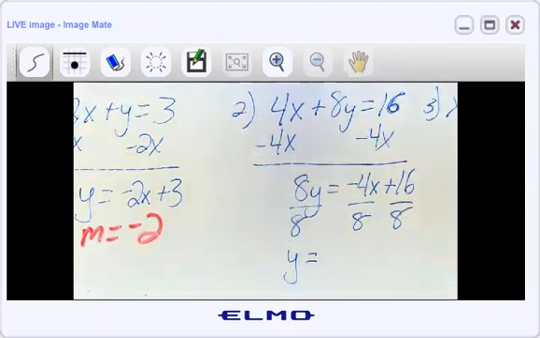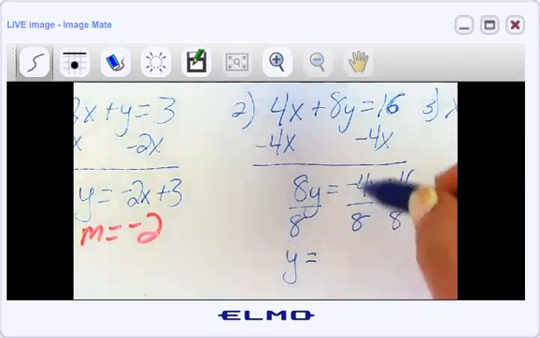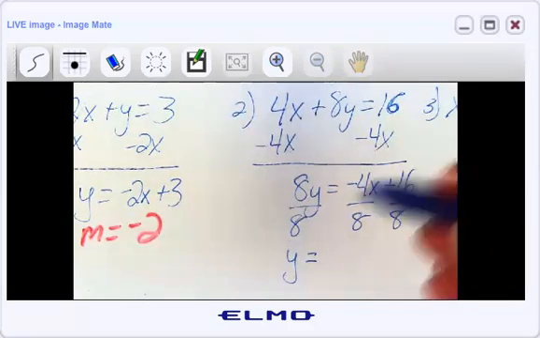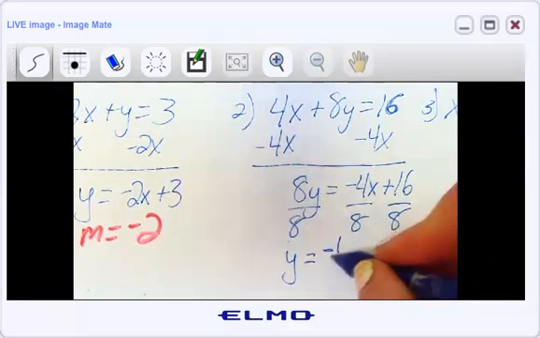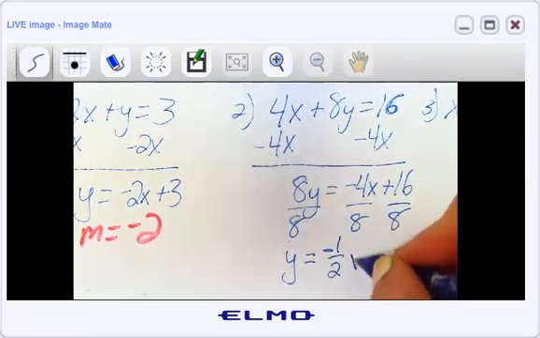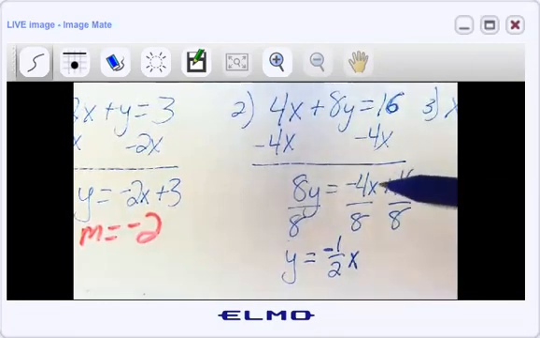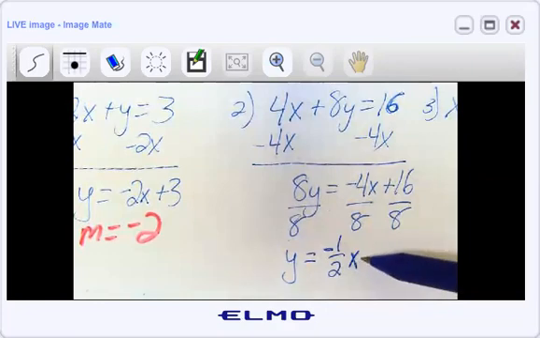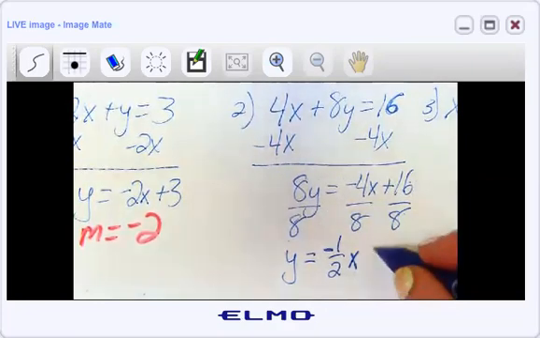So we always want some number times x. So I'm going to write that number. So I kind of just look at negative 4/8. If I reduce that fraction, that just becomes negative 1/2. And then I always put the x over to the side. So even if the x is in the numerator here, when we rewrite it, we just stick it over to the side. Okay? And then I just have 16 over 8, which is just 2.